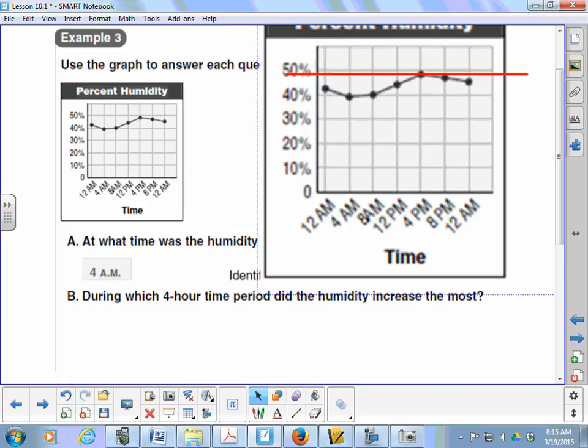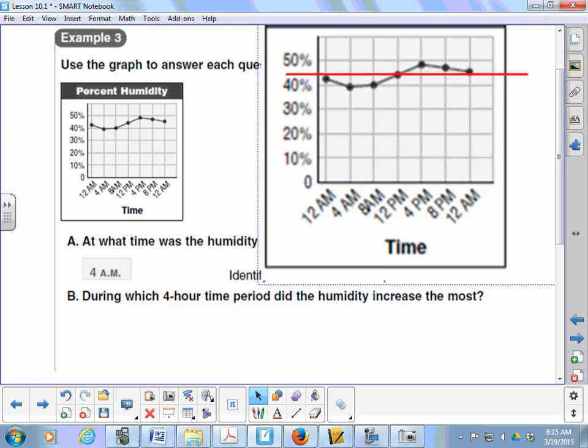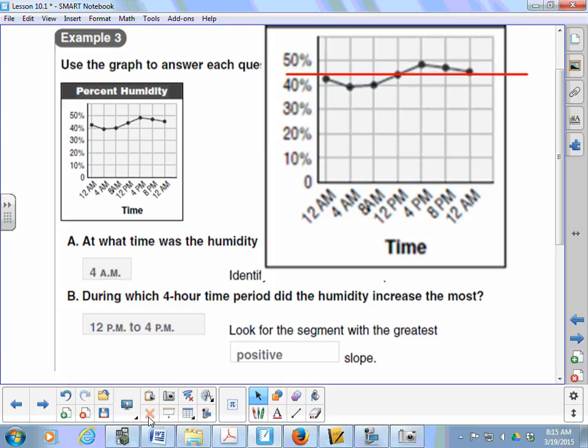So sometimes you need to take a real good close look at that, and they're both very close to each other, right? Without exact values, we might not be exact here. Hopefully in most problems there'd be a bigger gap between them to make it easier to read. All right? Okay, so from noon to 4 p.m., we're looking for the steepest slope. Good.